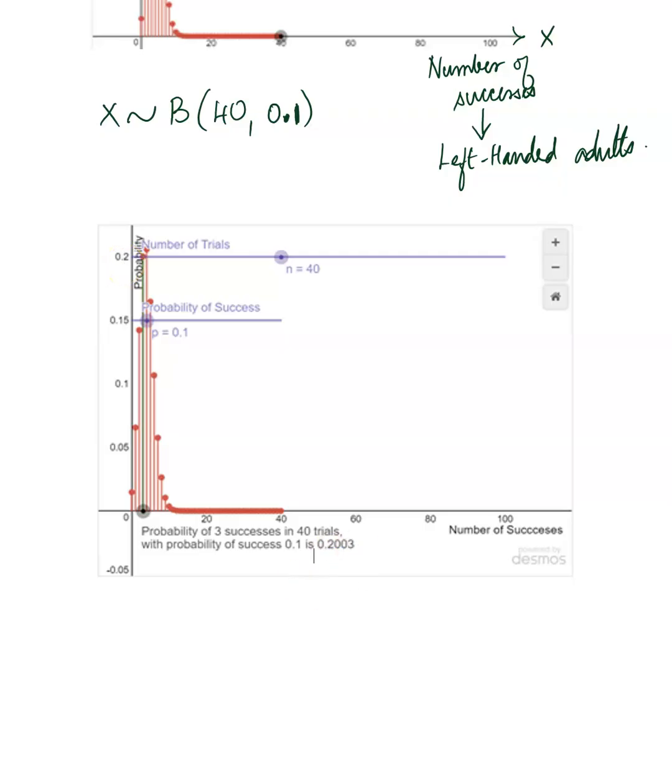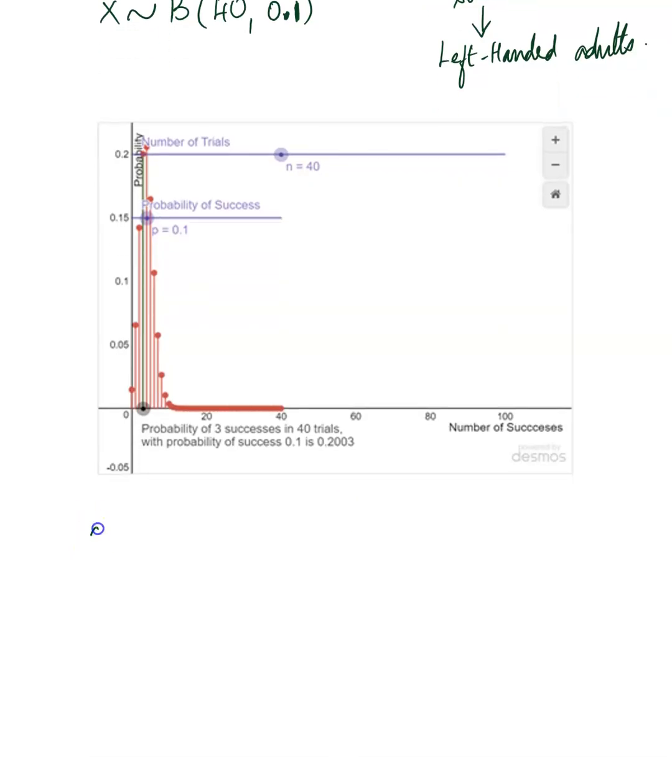So what I would say is, when you set your parameters to n equals 40, p equals 0.1, and look at your x-axis, x equals 3, then we see that it points to the probability of x. When x equals 3, the probability, the y-axis, corresponds to the value of 0.2003.